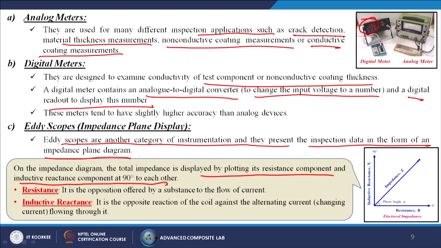So, on the x axis we plot the resistance R, and on the y axis we plot the inductive reactance X, and the angle between them is 90 degrees. It is based on two things: resistance, which is the opposition offered by a substance to the flow of current, and inductive reactance, which is the opposition of the coil against the alternating, changing current flowing through it.